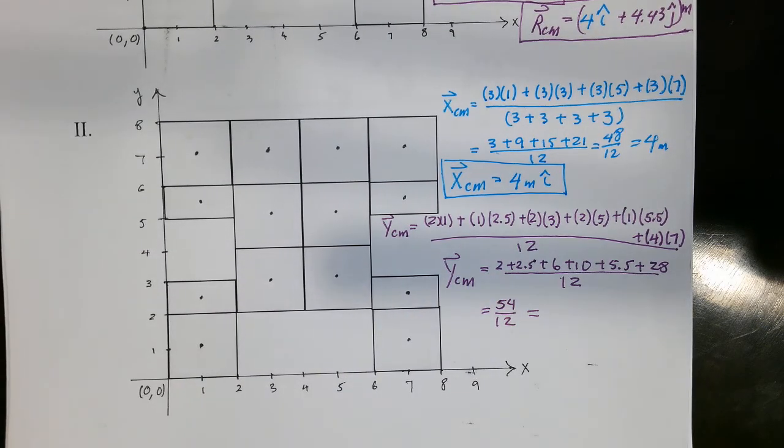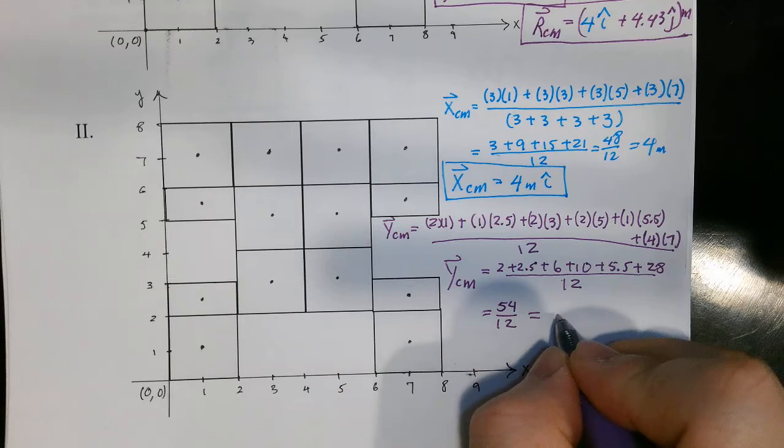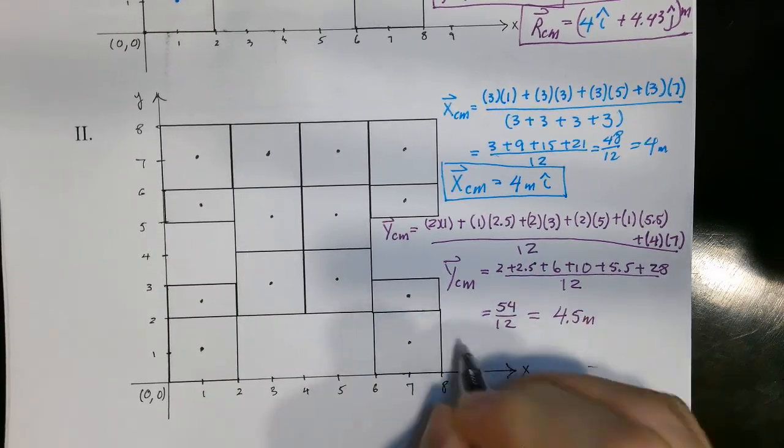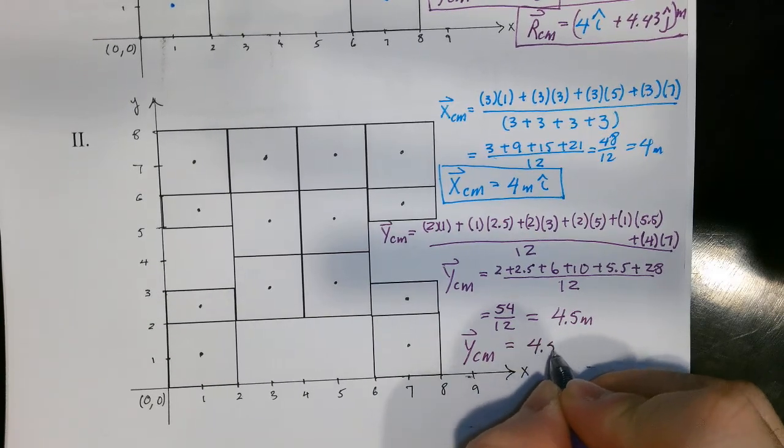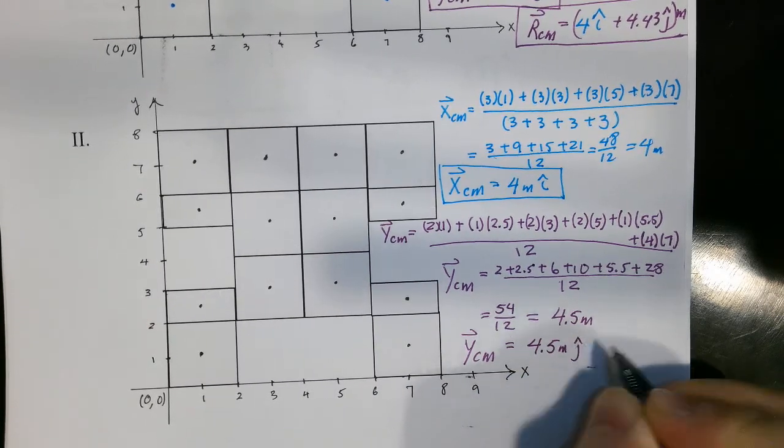So divide that by 12, and I get 4.5 meters. So your y sub cm is equal to 4.5 meters j hat.